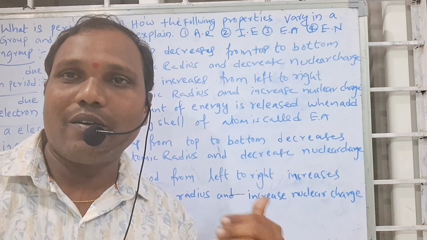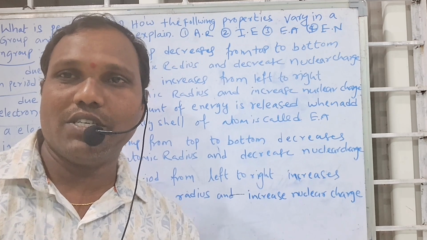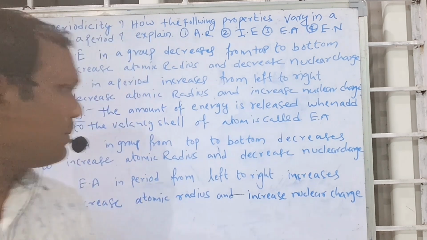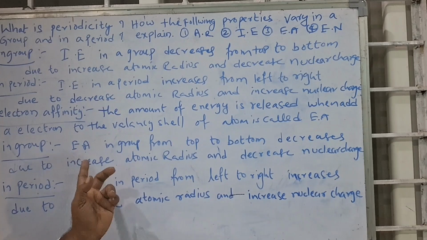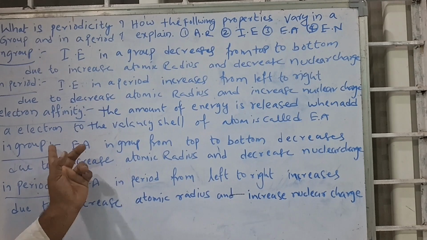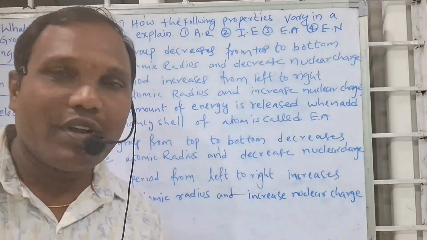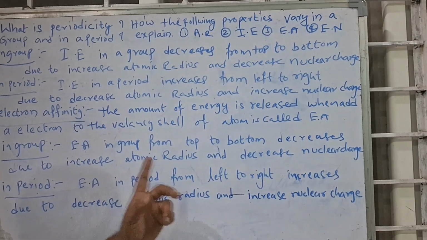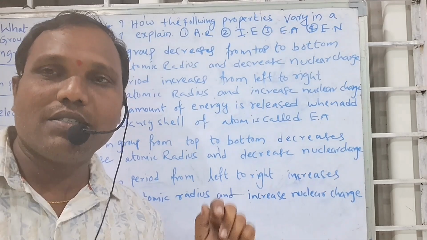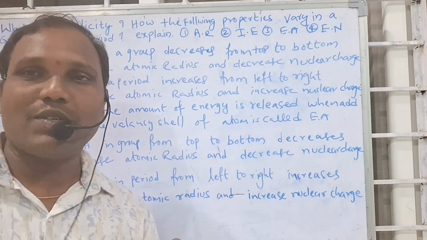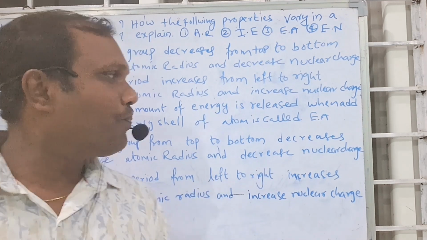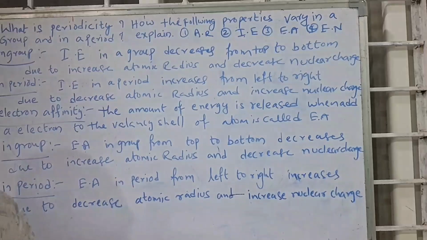Electron affinity is also inversely proportional to atomic radius. When atomic radius increases, nuclear charge decreases. That's why electron affinity also decreases from top to bottom.